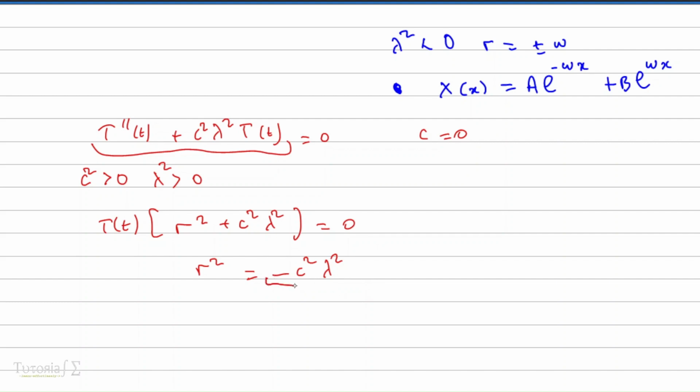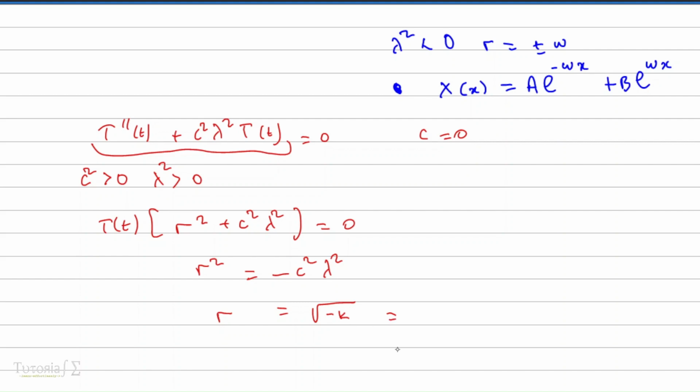But by themselves, this times this will be a positive number, then times the negative, it becomes negative. So when you take the square root, you're going to get the square root of a negative number, some number k.